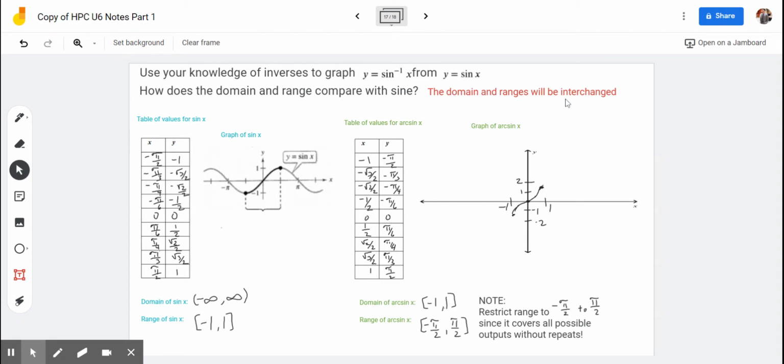Let's clean this up. The domain and range will be interchanged, and we had to restrict the range because our domain for arcsine was restricted from -1 to 1, and now we had to shift the range appropriately as well.